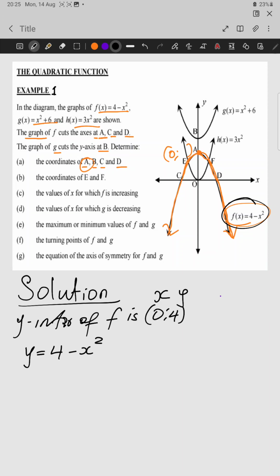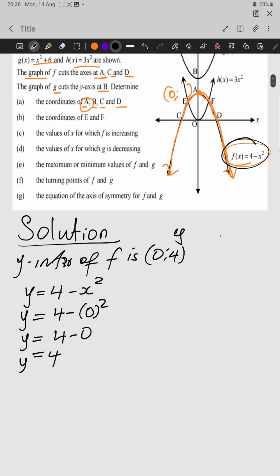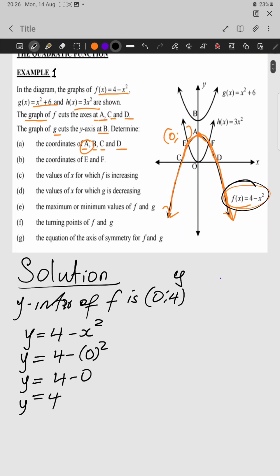But this is by using inspection, but we need to work it out and prove that exactly the y value is 4. So that means y is equal to 4 minus 0 squared, and then y is equal to 4 minus 0, and that is the final answer, which should be 4.